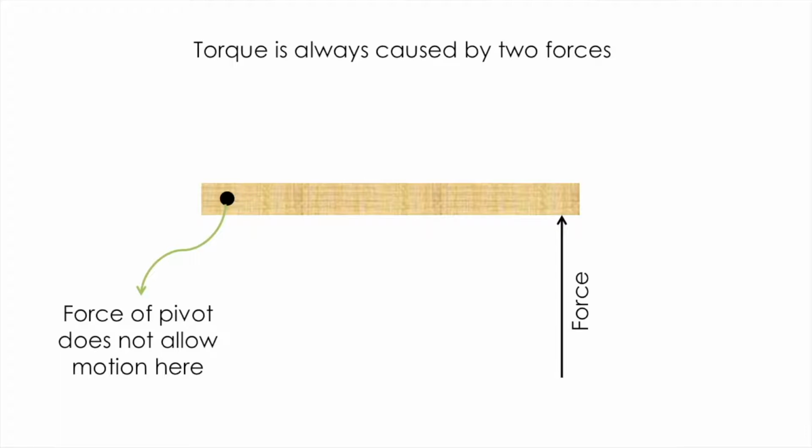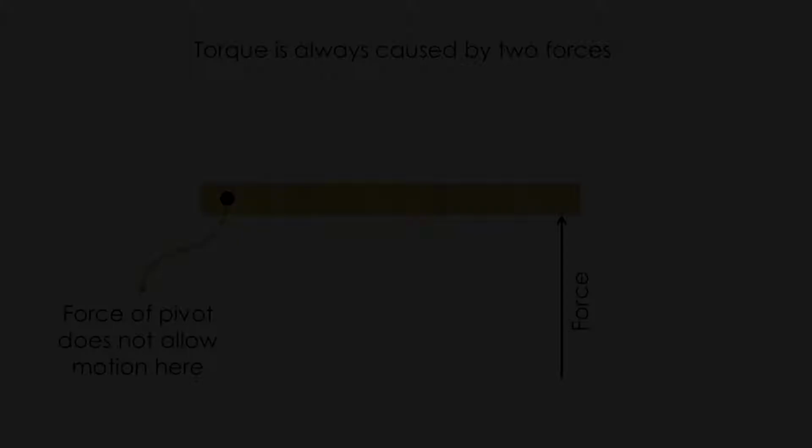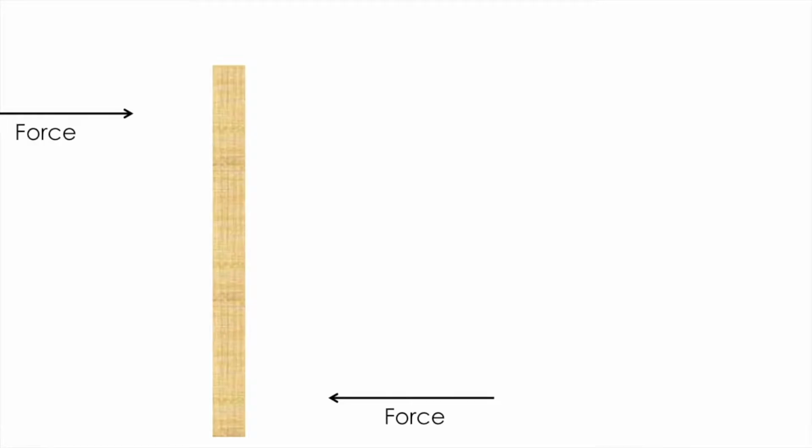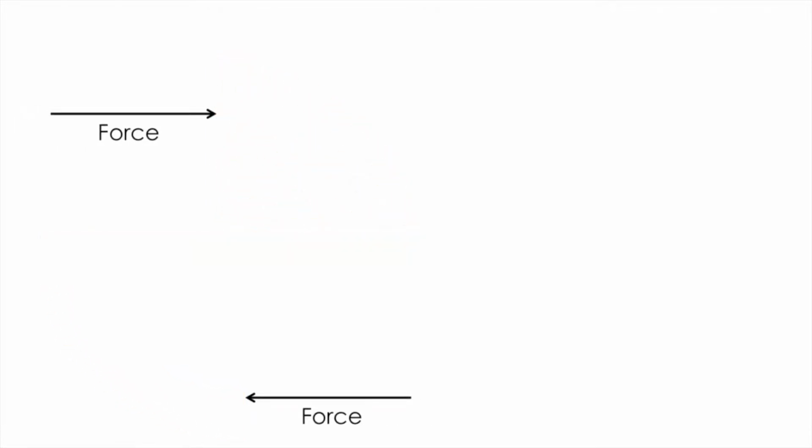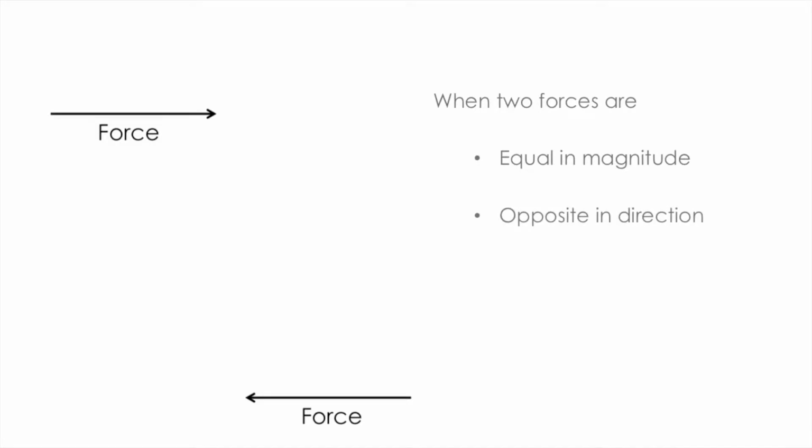Let's look at a situation where a torque is caused by two forces. Here's a plank. So what happens when these two forces act on the plank? The plank rotates. So when two forces are equal in magnitude, opposite in direction, and parallel to each other, they are said to have constituted a couple.